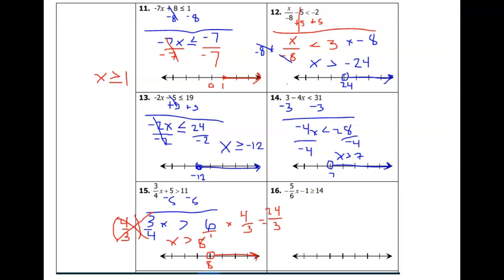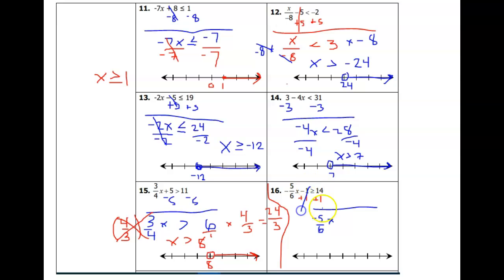The next one, guys, we're going to do the same thing, and I'm just going to put a line here. We're going to get rid of this 1, so we're going to add 1 to both sides. I want to use another color so this doesn't all look together. If I add 1 to both sides, I end up with negative 5 over 6x.